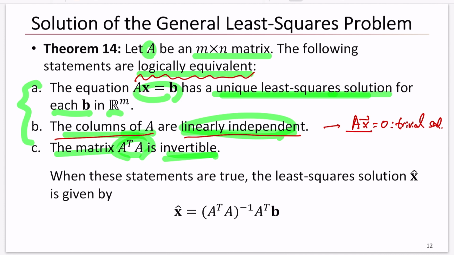Then based on this, when we multiply A transpose on the left-hand side and the right-hand side, ATAx is equal to 0, because AT times 0 is equal to 0.